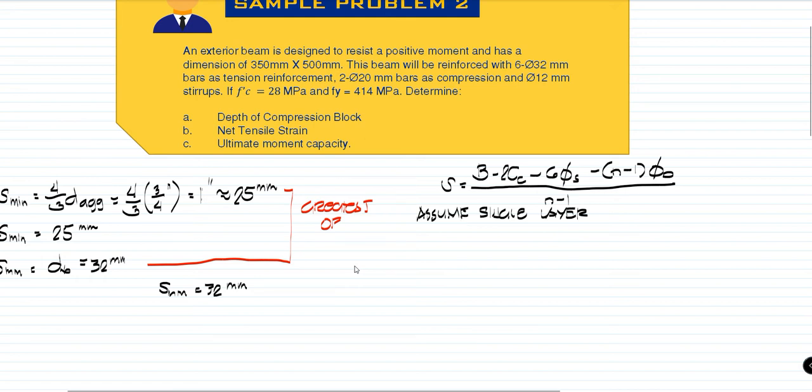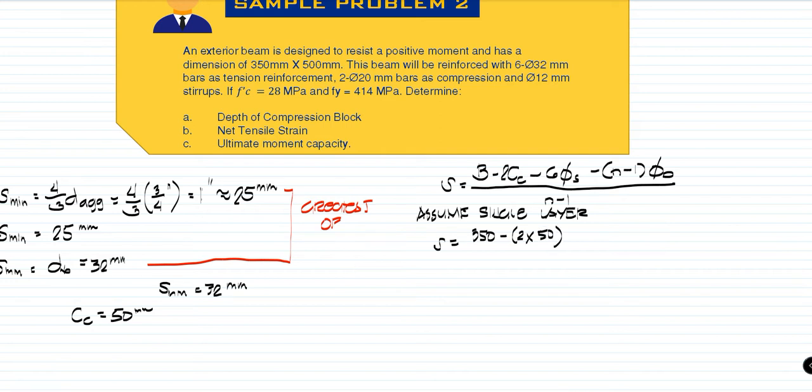So to check the spacing, we have the base, which is 350, minus dalawang clear cover, which is, sabi dito, that is an exterior beam. So our clear cover will be equivalent to 50 mm. So that is 2 times 50. Then the diameter of our stirrups will be diameter 12. So that will be 6 times 12.